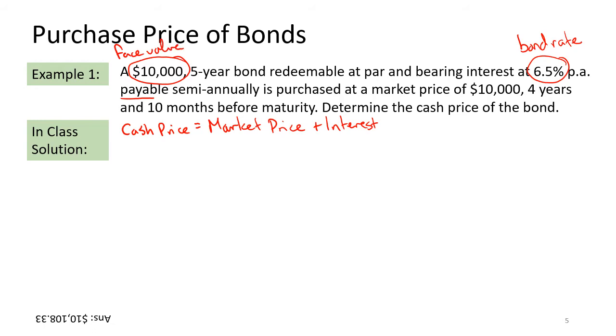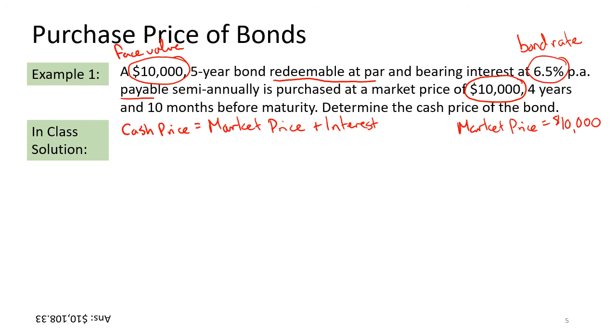In this case, it says it's redeemable at par. So it makes sense that the market price is the same, $10,000, right? Going back to our previous slide, if the market rate and the bond rate were the same, then it's redeemable at par. Okay? So what this means is our market price given in the question is $10,000.